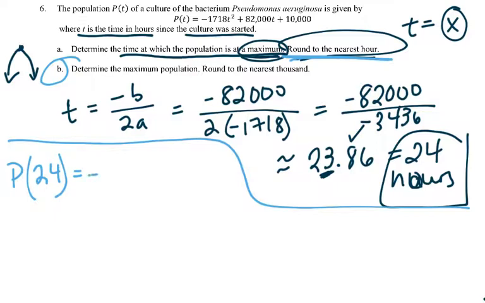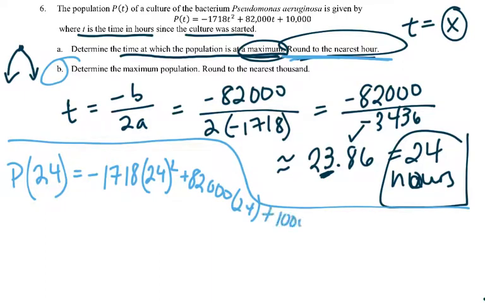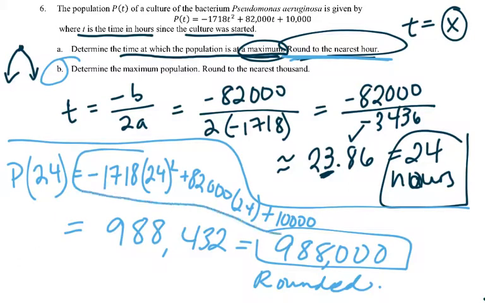So we're going to do negative 1,718 times 24 squared plus 82,000 times 24 plus 10,000. When you substitute this into your scientific calculator, I do recommend putting 24 in parentheses, making sure that you're typing this out pretty much exactly like I have it listed here.